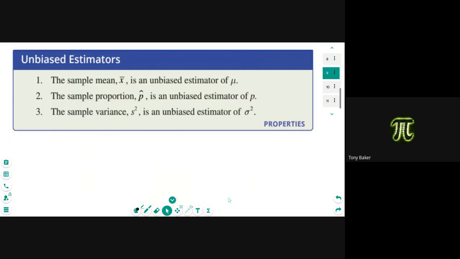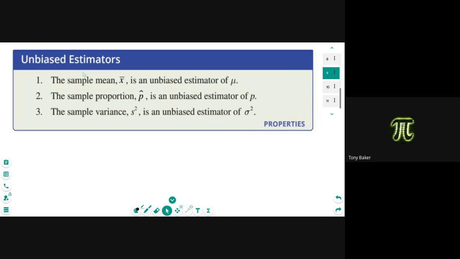Unbiased estimators: your sample mean is an unbiased estimator of the mean. So if we look at our sample means, we can use that to determine the mean of the population. If we look at our sample proportions, we can use that to determine the proportion of the population. And sample variance or sample standard deviation, we can use that to determine the variance or standard deviation of the population.